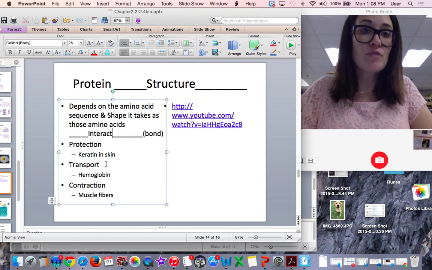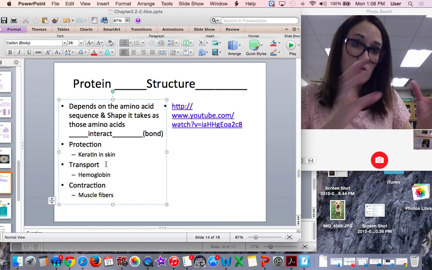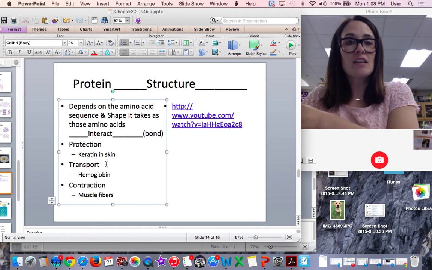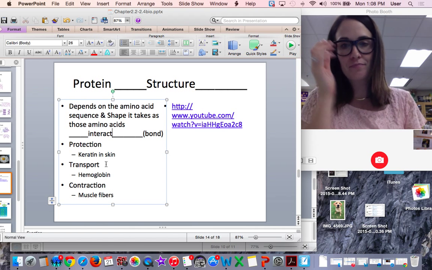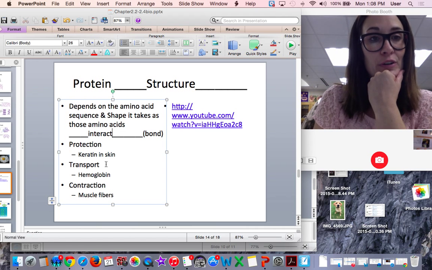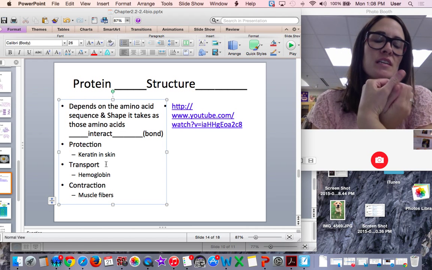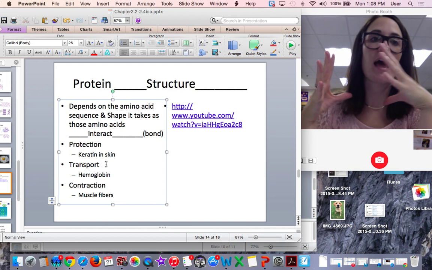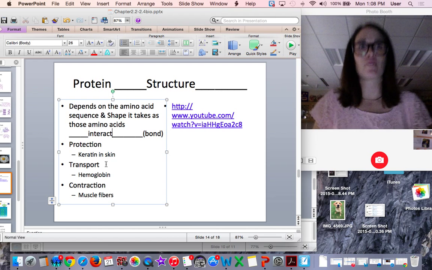Transport. Some proteins transport things, like hemoglobin transports oxygen. It actually grabs onto oxygen and takes it to the cells in your body that need oxygen. You have proteins in your muscle fibers that will cause your muscles to contract and relax. Contract and relax.